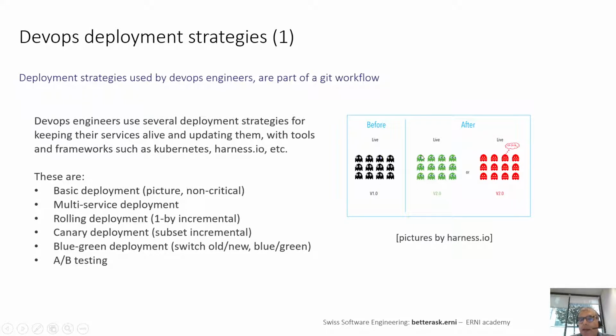You have a before and after, so you switch between versions, like with everything. You power off, you turn on, and the old version goes out in red, and the new one goes in green.